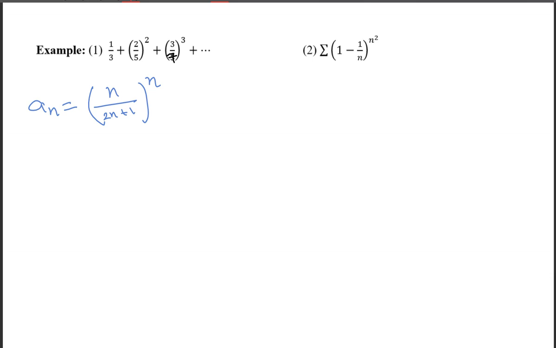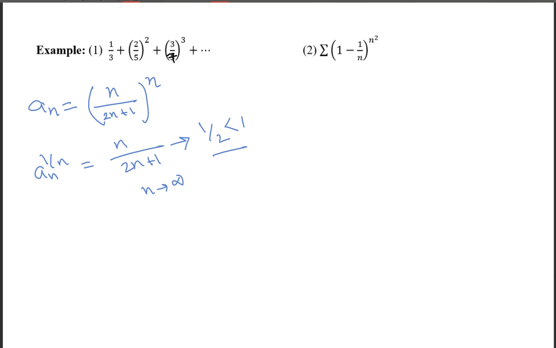I'm not telling you that you have to apply Cauchy's root test, but my suggestion is that as the power n is there, if you take an to the power 1 by n, finding the limit will be easy. This limit tends to 1 by 2 as n tends to infinity, and you can see the series is convergent.